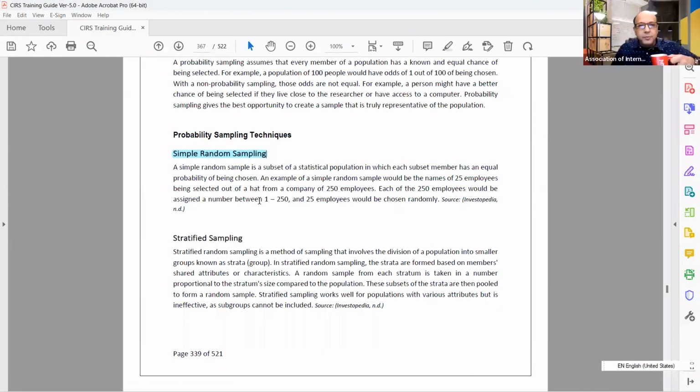All good to go. So we're going to continue with the type of what we call probability sampling. One of the methods is simple random sampling, which is more like a raffle, where you put so many numbers in a bucket and just pull one.